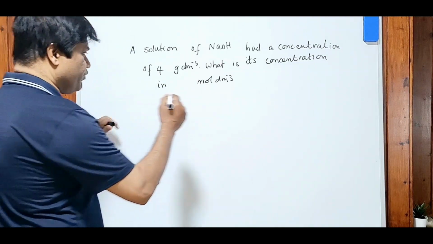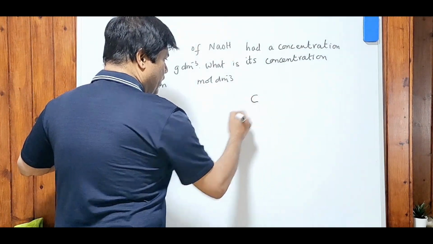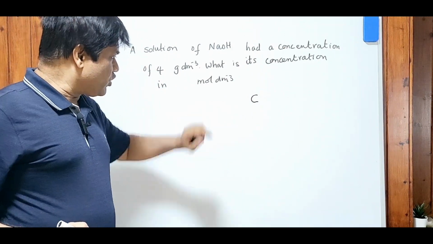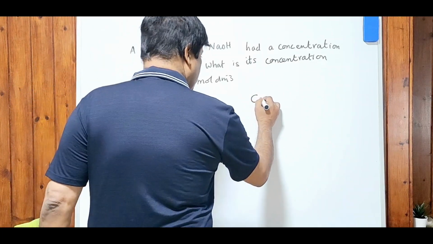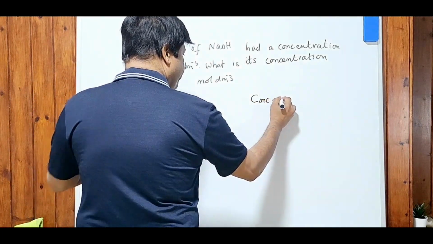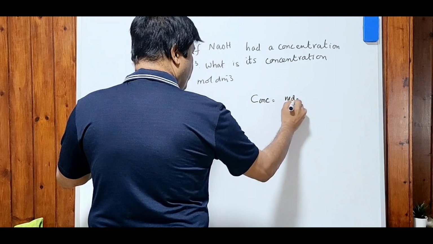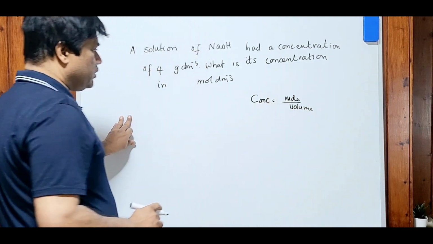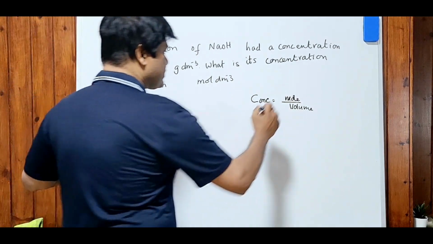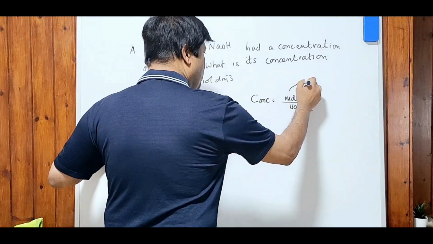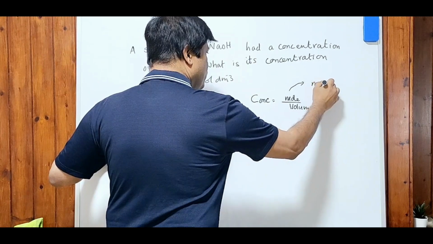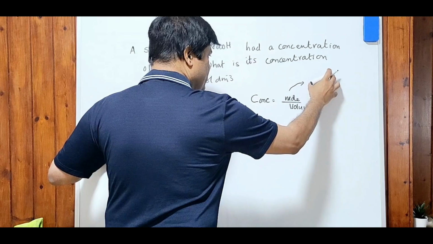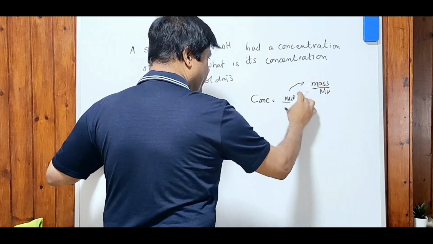Look at this formula. You can see my previous video to figure out this formula. Concentration equals mole over volume. Mole in terms of the mass: mole is nothing but mass over its Mr. So plug the same mass over Mr here.